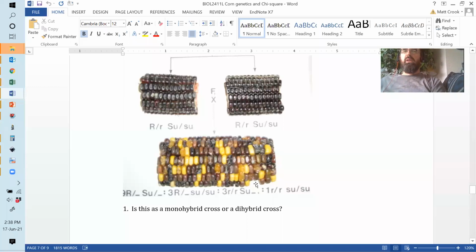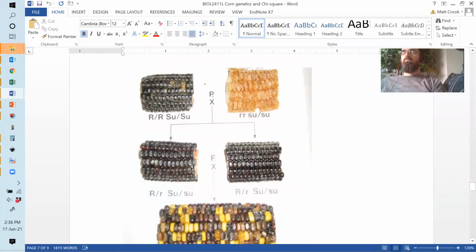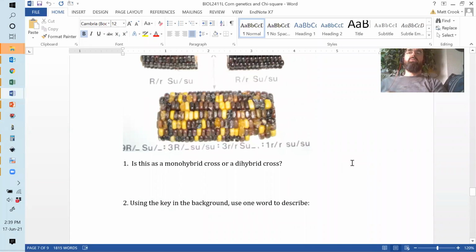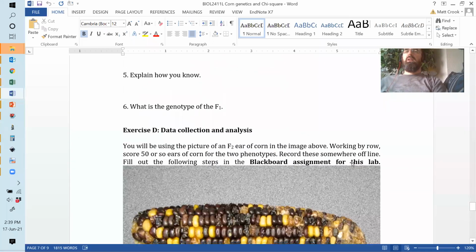So score these kernels for the four different phenotype combinations, which are going to be round and purple, round and yellow, wrinkled and purple, and wrinkled and yellow, basically. And then use those and your knowledge of Mendelian crosses and dihybrid crosses and so on.